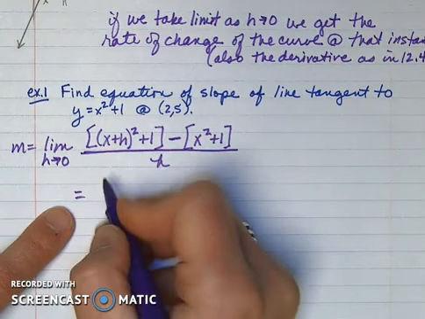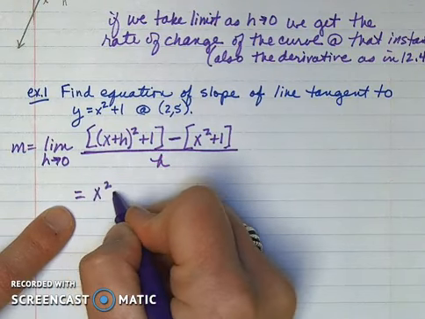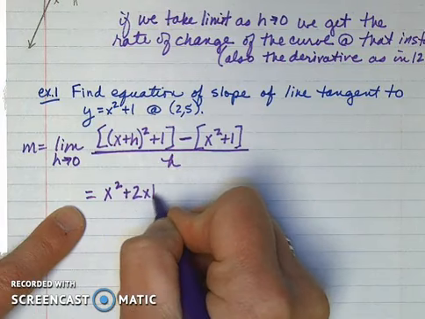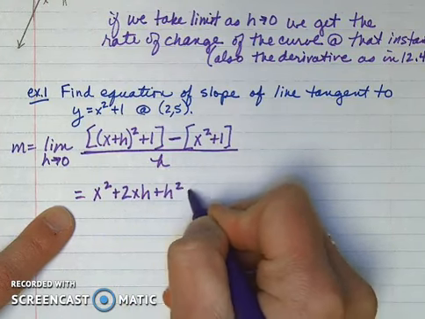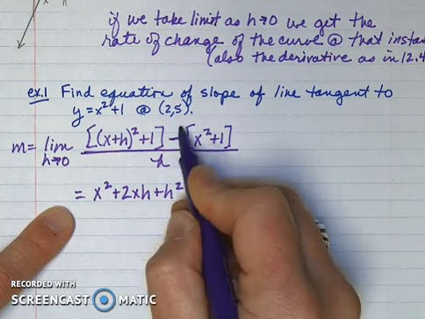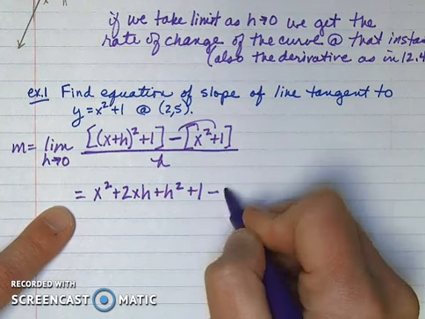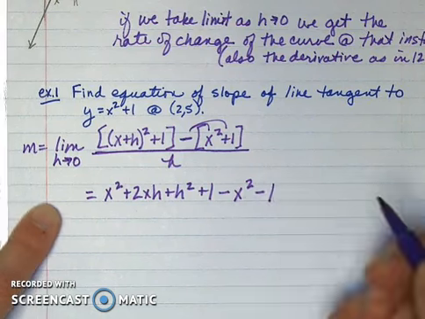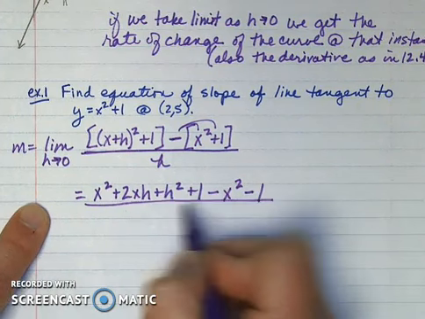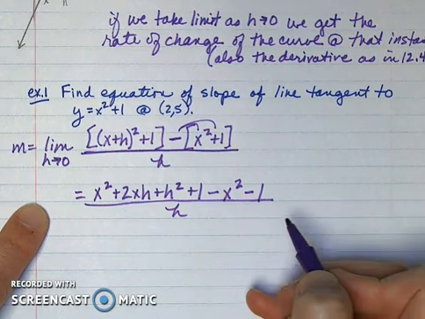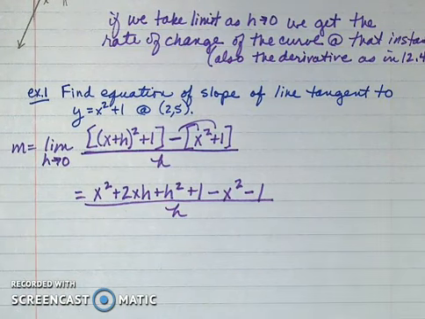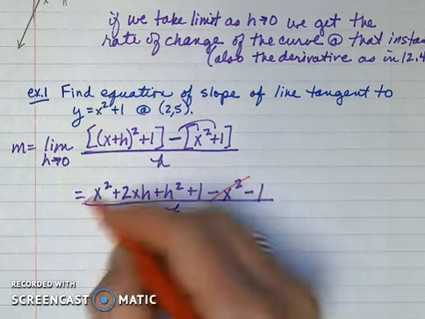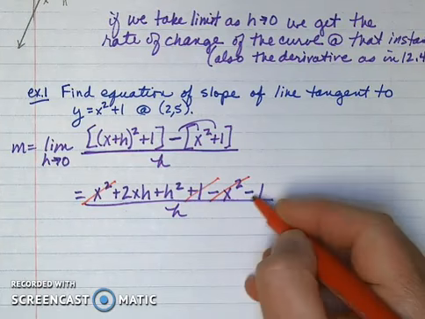Now let's clean that up. Square that out. We're going to have x squared plus 2xh plus h squared plus 1. Now I'm going to distribute this negative. Negative x squared, negative 1, all over h. And let's see, the x squares reduce, the 1's reduce.